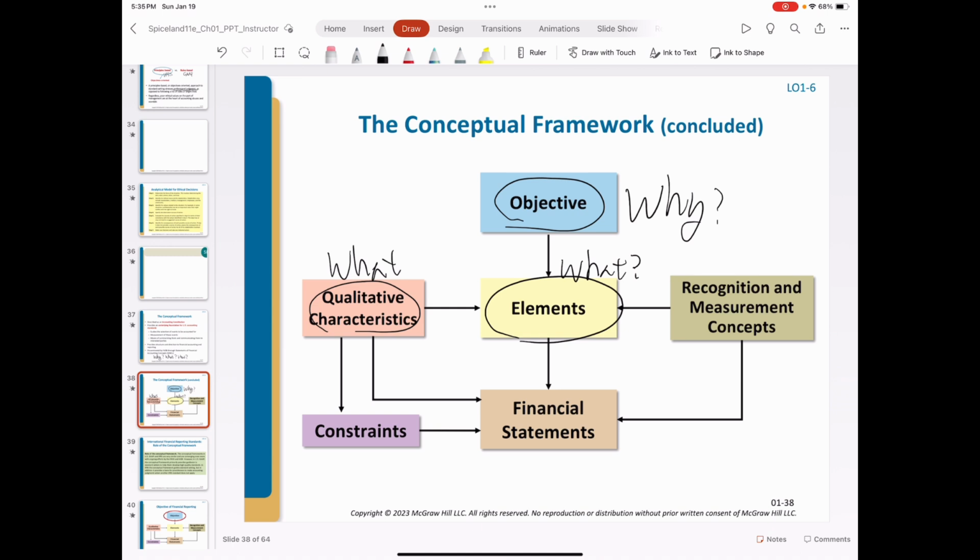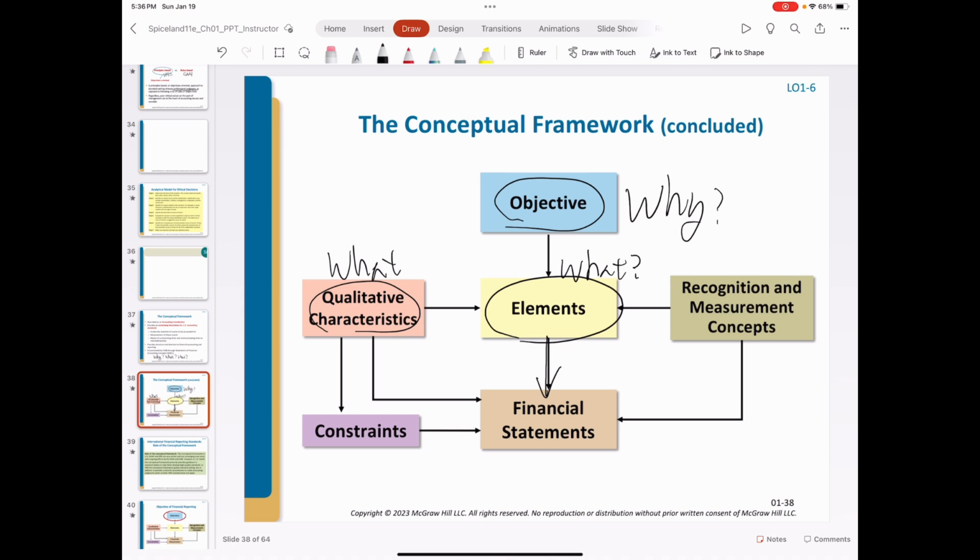And in the financial statements, we will include all the elements that provide useful information for the financial statement users. For example, assets, liabilities, stockholders' equity provide financial position information for the financial statement users. They are useful, so we should include them in the financial statements.